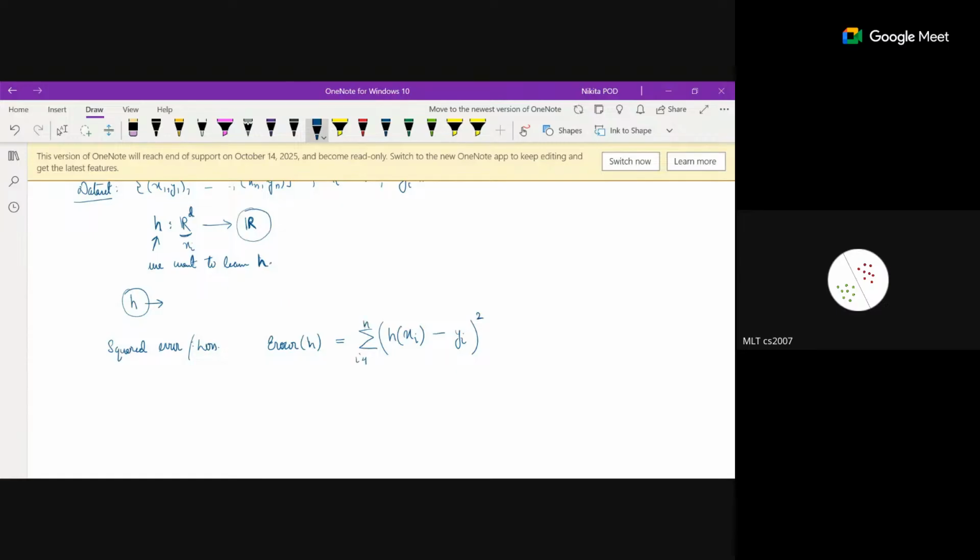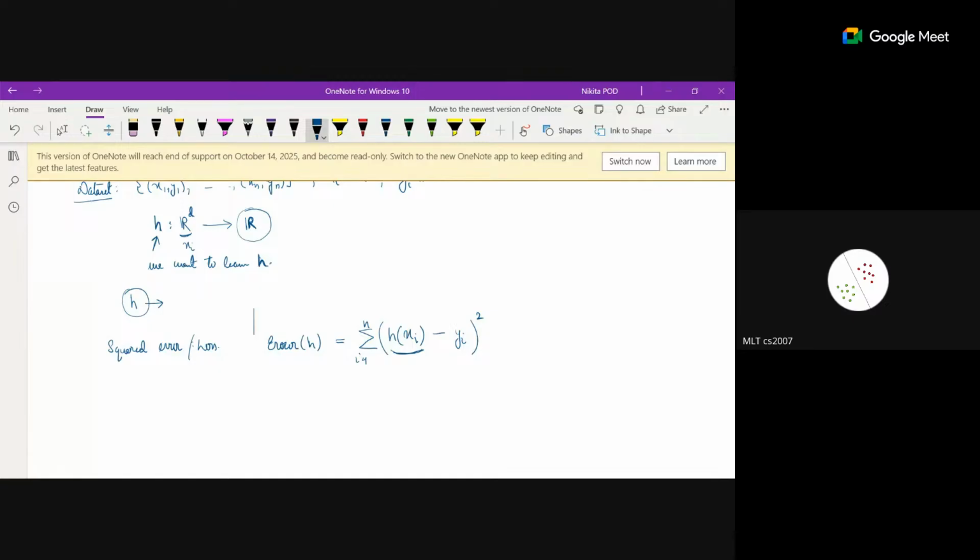So we want to see what this error is. What is it that we would ideally want? We would want the model we have learned to give a very close approximation, or maybe ideally we would want the error to be 0, right?